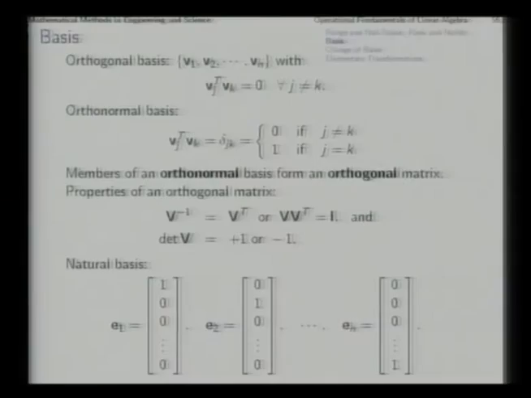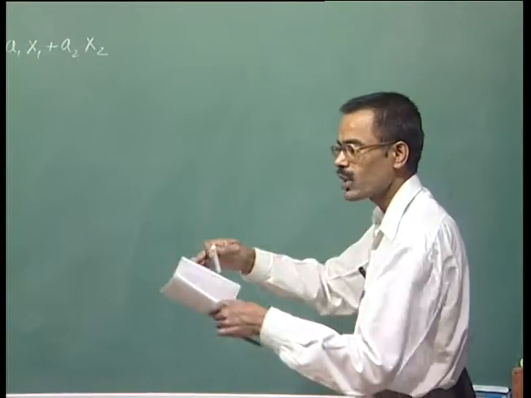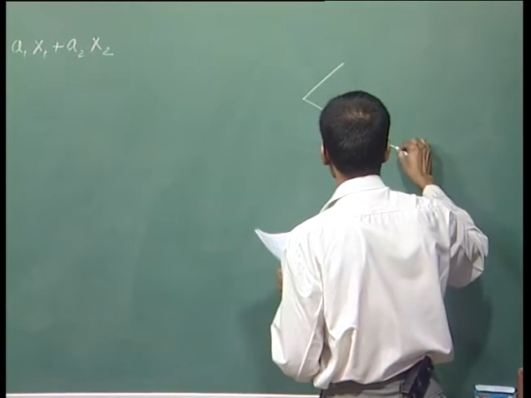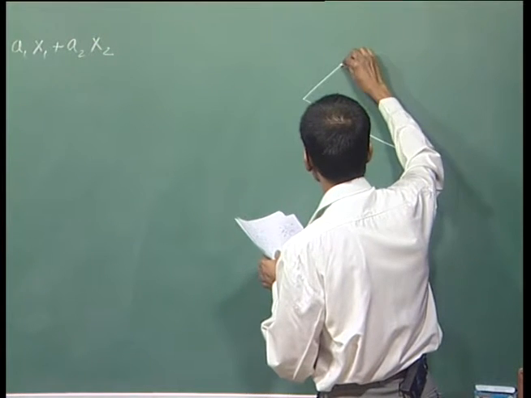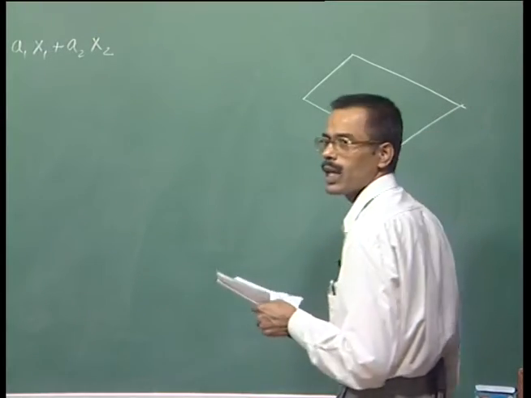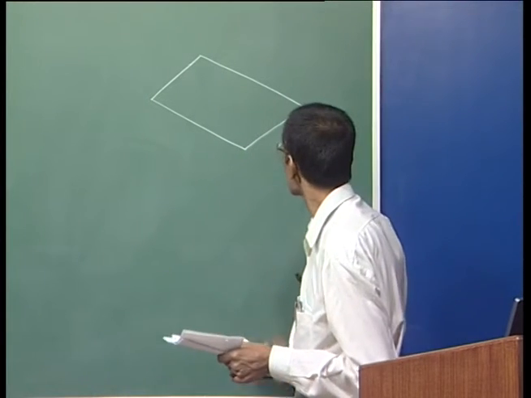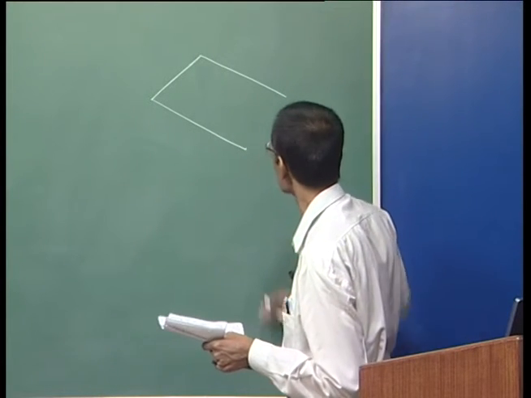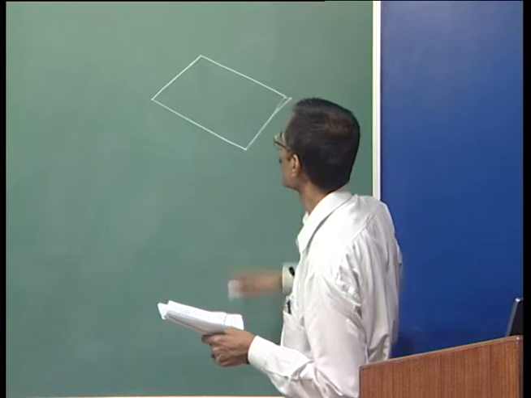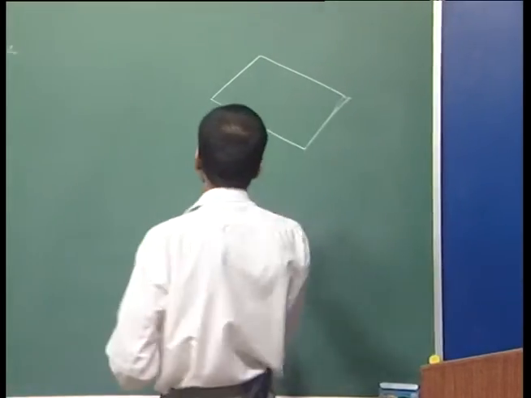Let us take an example. Suppose you have a table which is not rectangular, but of this shape. I think it is a parallelogram shape, and on the surface of the table there are marks like this.